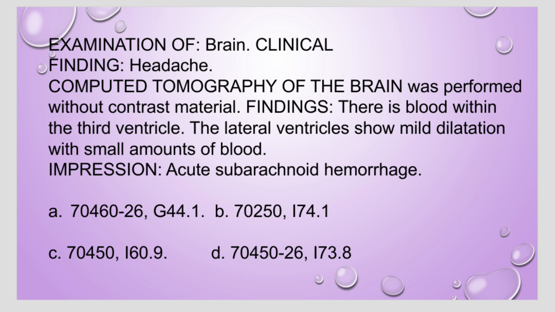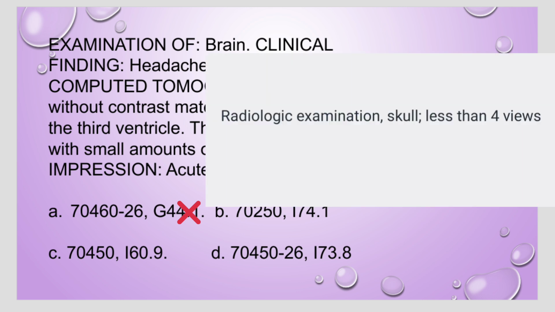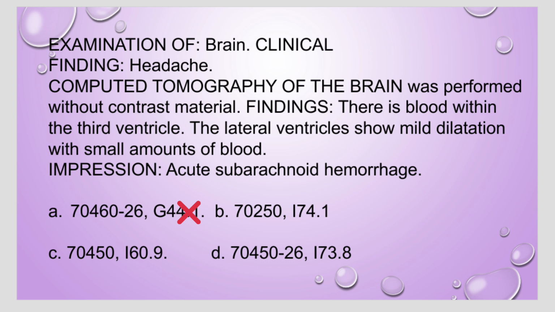Here we have without contrast material, so we can eliminate this option easily. Next option is 70250. It is for radiological examination, skull less than 4 views. So it is incorrect, so we can eliminate it directly.